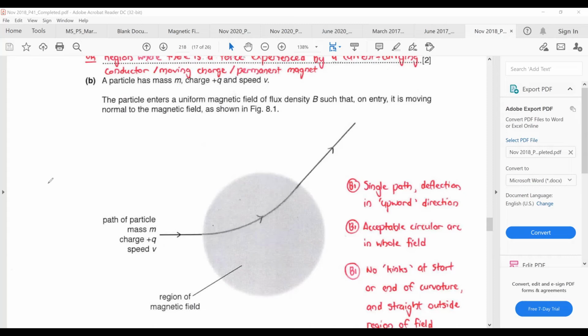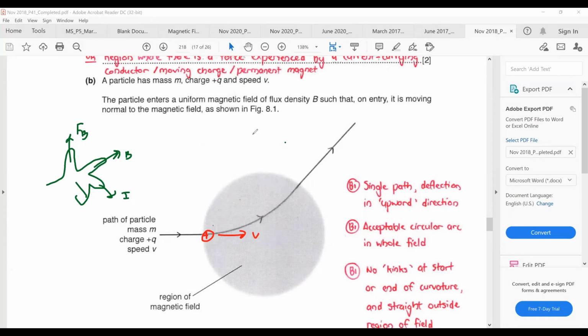You can again use Fleming's left hand rule, which is this one. This one will be your FB, this one will be your B, this one will be your I. So here you have the charged particle coming in. At this point here, your velocity is straight, like this. This is the direction of your velocity.